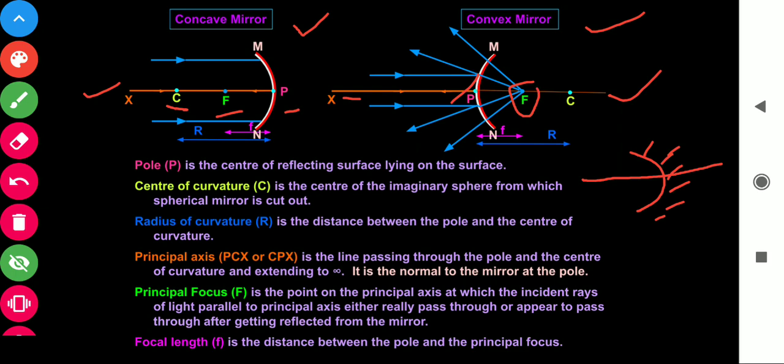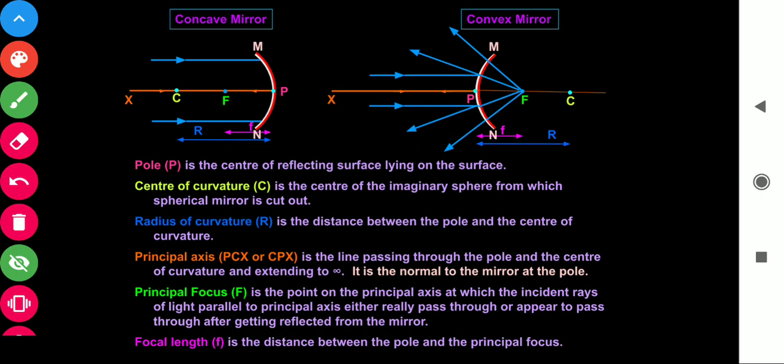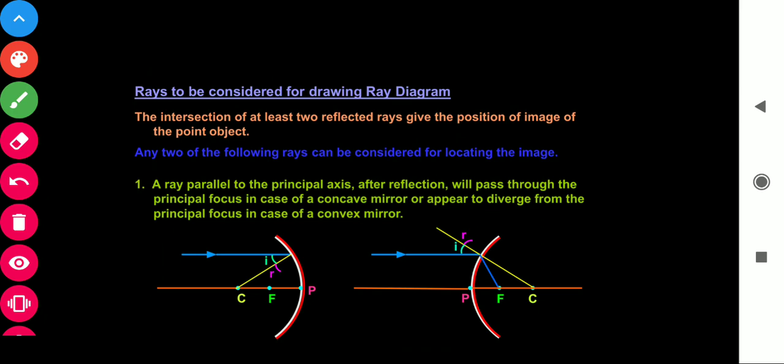Now we will learn to draw different images by these two mirrors. First, we will learn the rules which we follow while drawing different images.